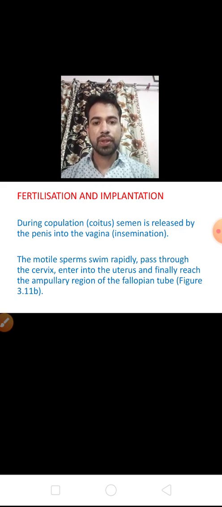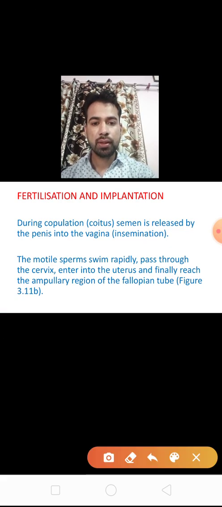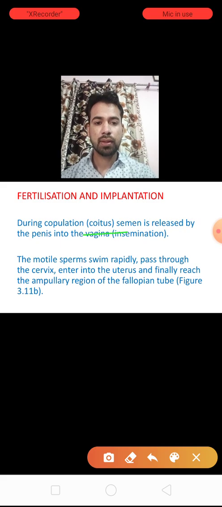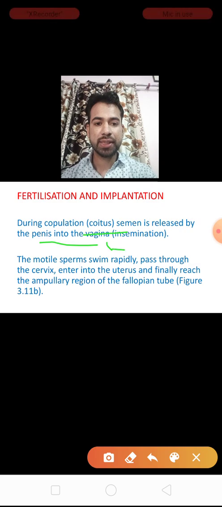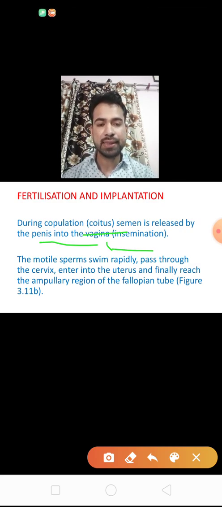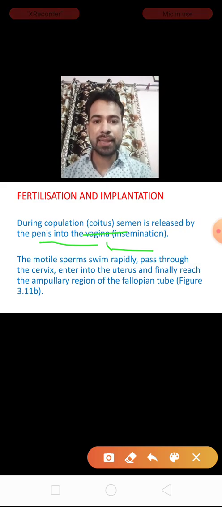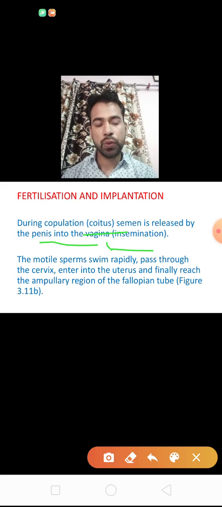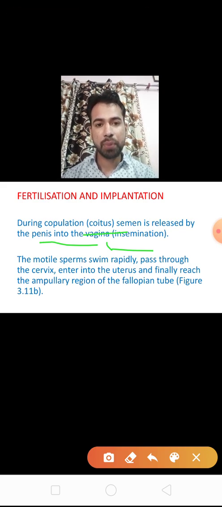So children, you know very well, during coitus, semen is released by the penis into the vagina, and this process is known as insemination. That means semen released from the penis goes into the female reproductive tract, and the name of the process is insemination.